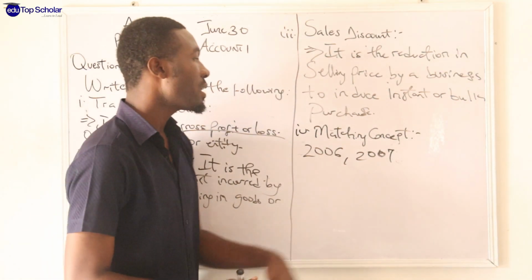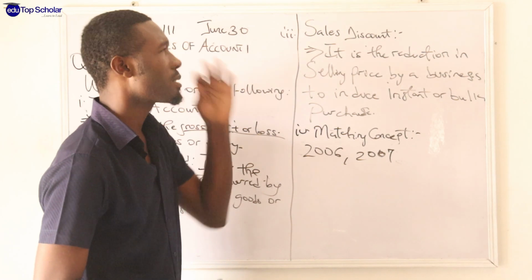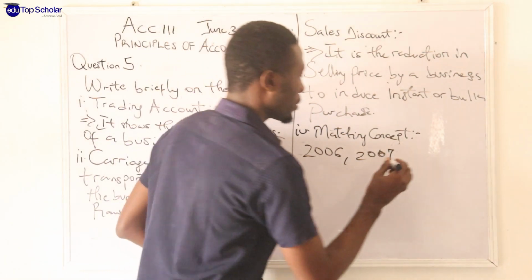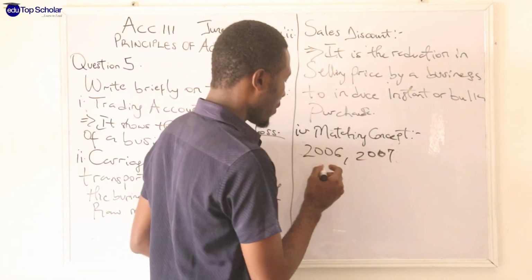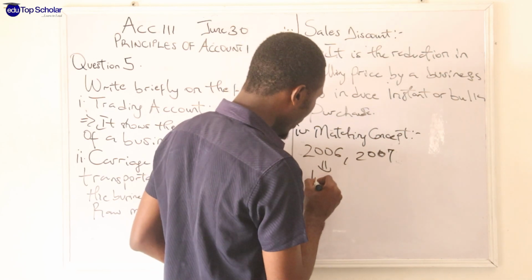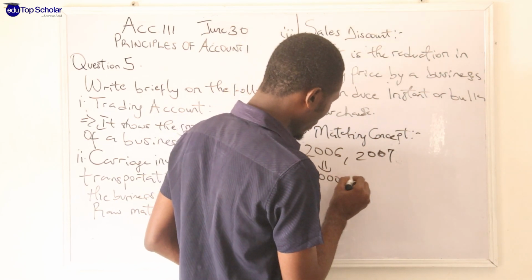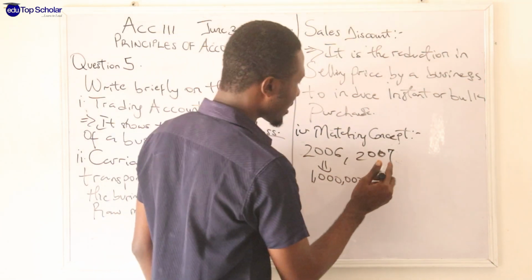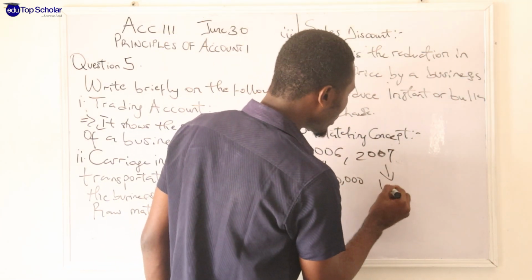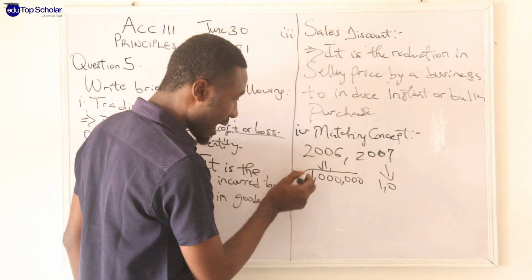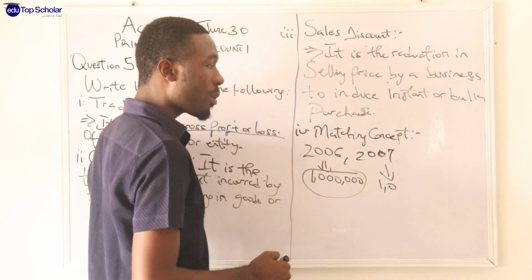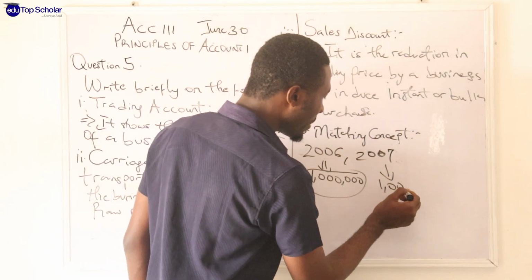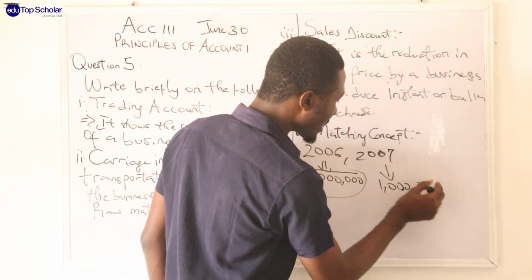Say for instance, you have a transaction in 2005 of 1 million naira, and that person did not make payment until 2006, or even 2007.